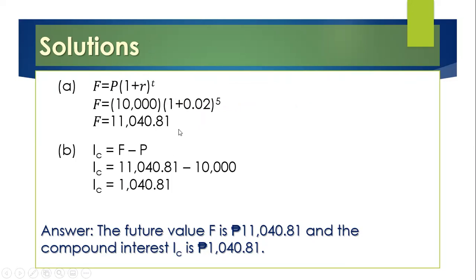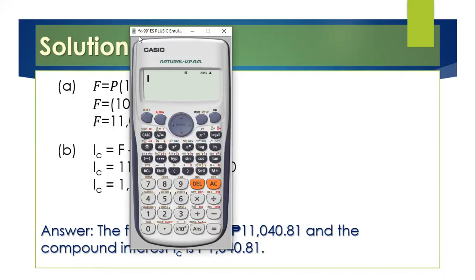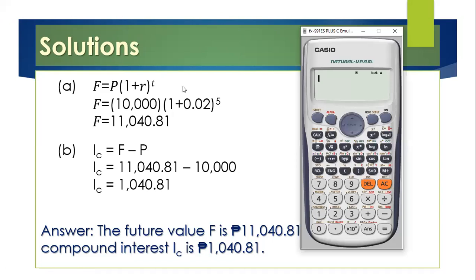Okay, so ganito yon sa calculator, then compute natin. So we have 10,000 multiplied to 1 plus 0.02 raised to 5. So ang pera na kinita natin is 11,040 pesos, 0.81 centavos.